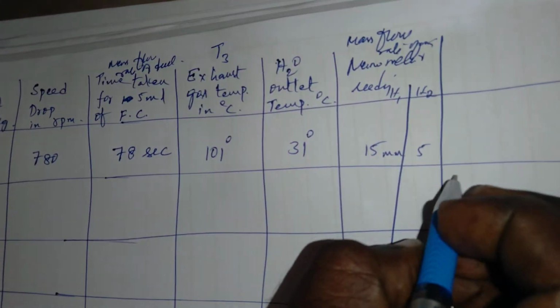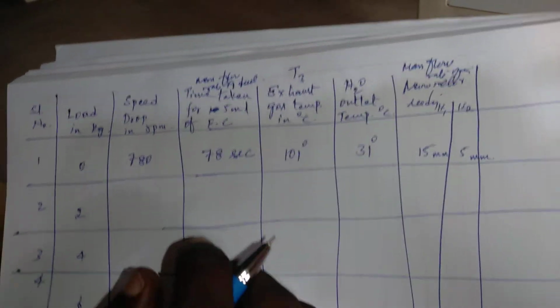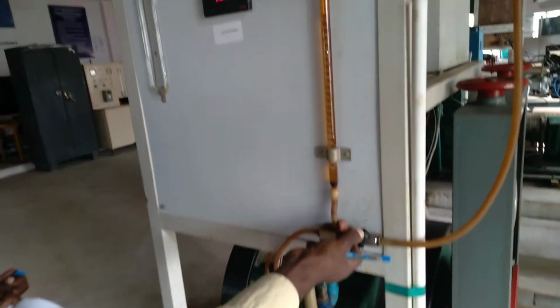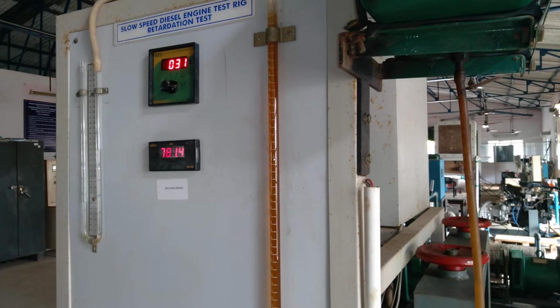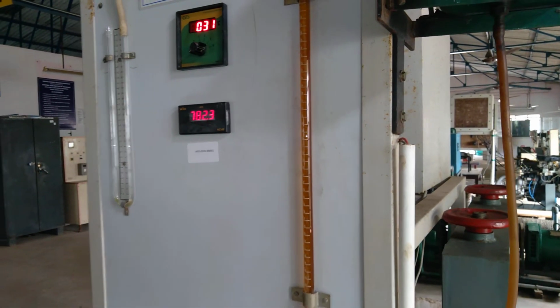This is in terms of mm, the U-tube manometer reading in mm. After this, just open the fuel flow circuit from tank to burette, so that there is a continuous flow of fuel from tank to engine without crossing the burette.